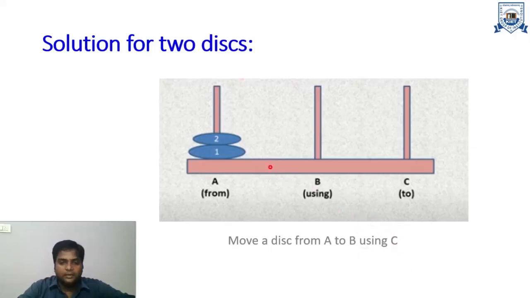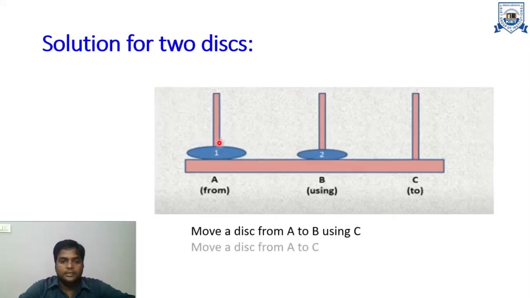Because we want to move all these disks from A to C. But here we choose the source and the auxiliary tower, so this tower can be used as the using tower. So first of all, we move a disk from A to B. So this disk will be moved to B.